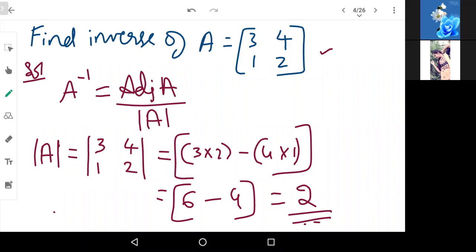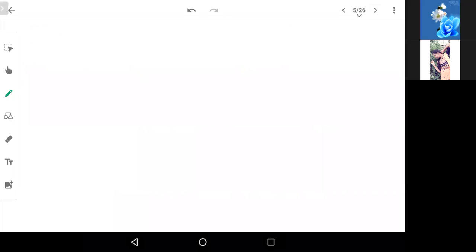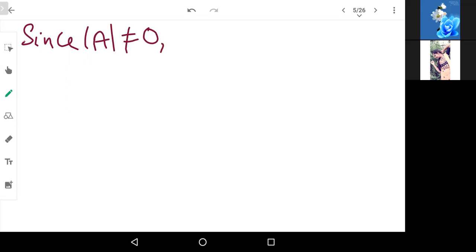Now, since the determinant of A is not equal to 0, you have to find the value of A inverse. Next, you have to write down this sentence: since determinant A is not equal to 0, A is a non-singular matrix.